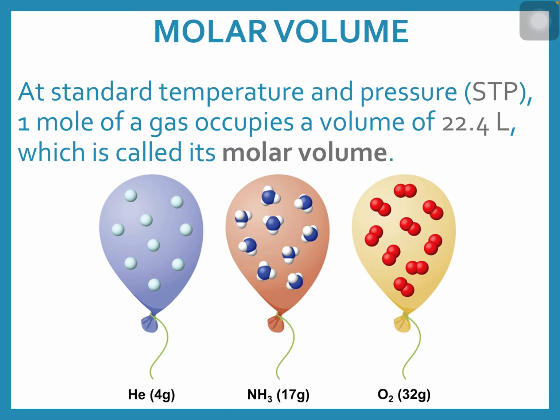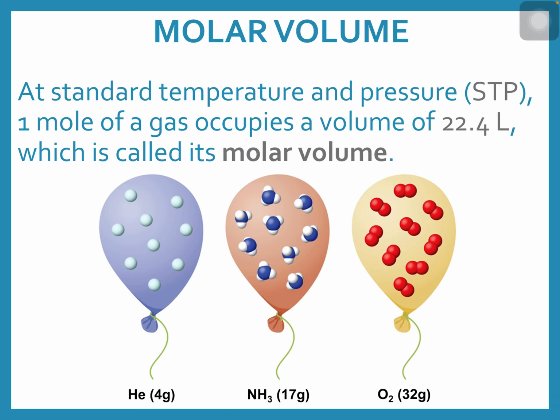So it doesn't matter what gas we have, 1 mole of that will take up 22.4 liters. And you can see here that 1 mole of helium gas, 1 mole of ammonium gas, and 1 mole of oxygen gas all have different masses because of the atoms that they are made up of, but they all still take up the same space.